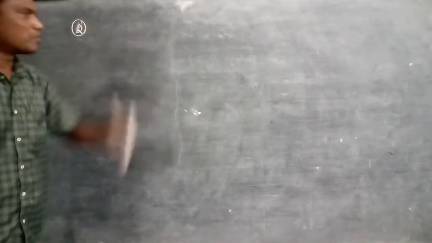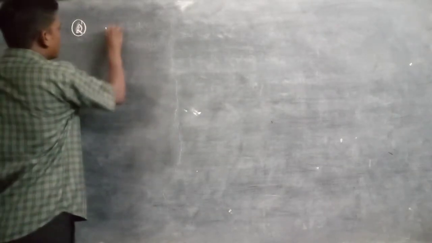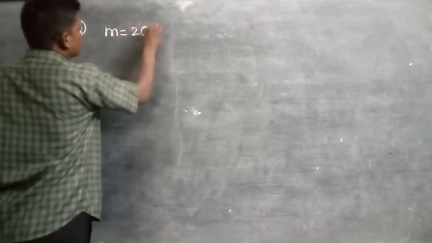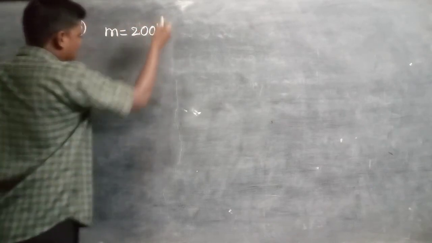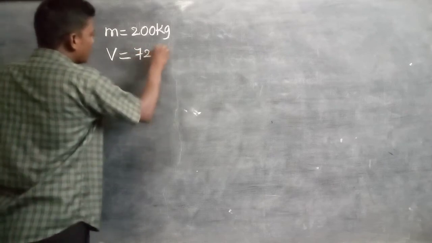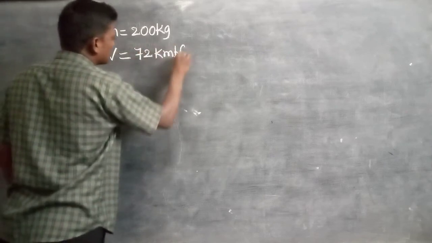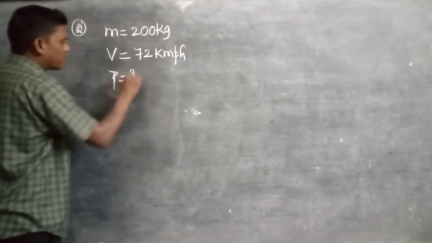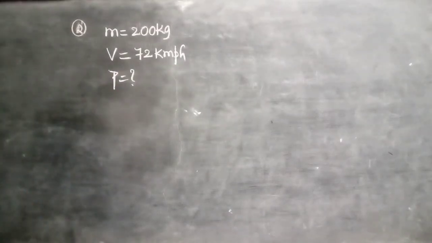What is its momentum? So the mass of the car is 200 kg, and the car moves with 72 kilometers per hour. What is its momentum? Listen very carefully here.